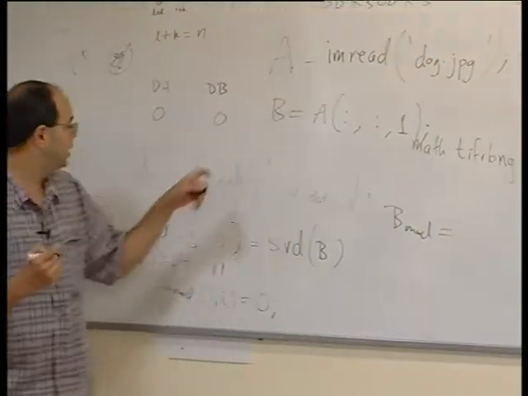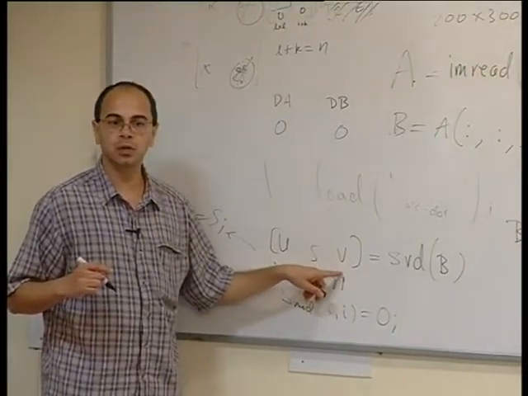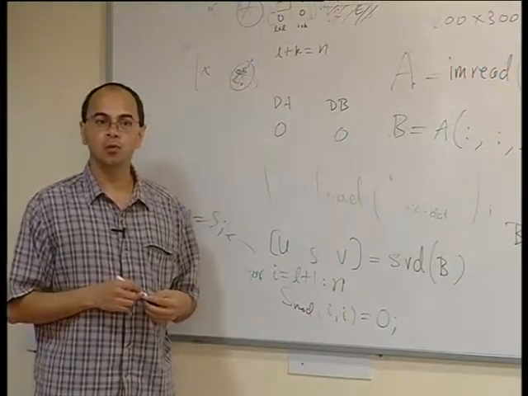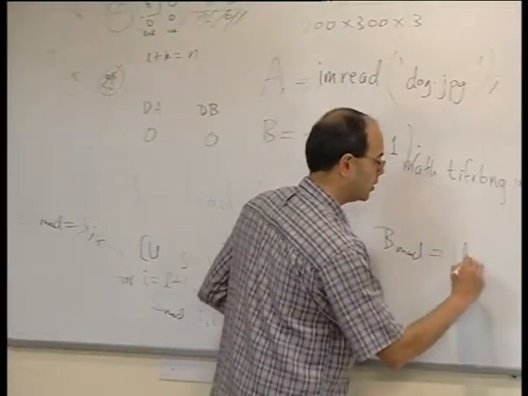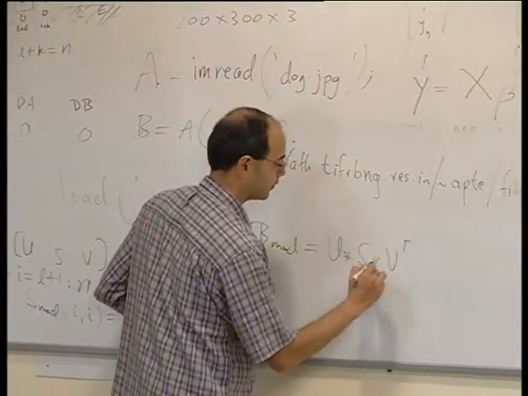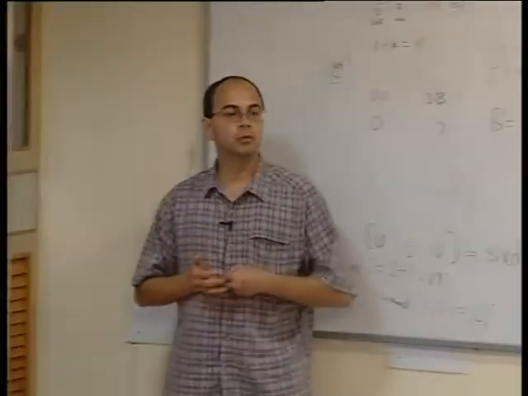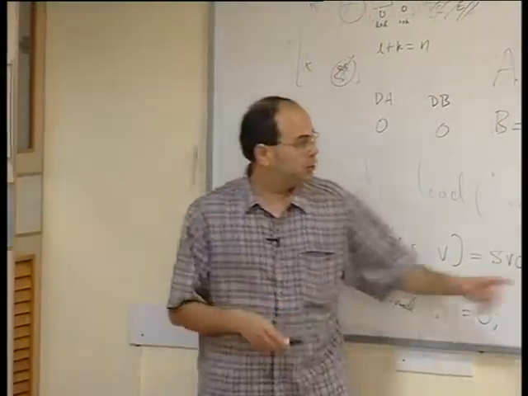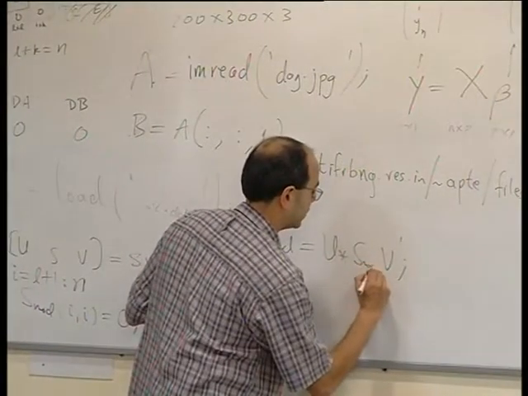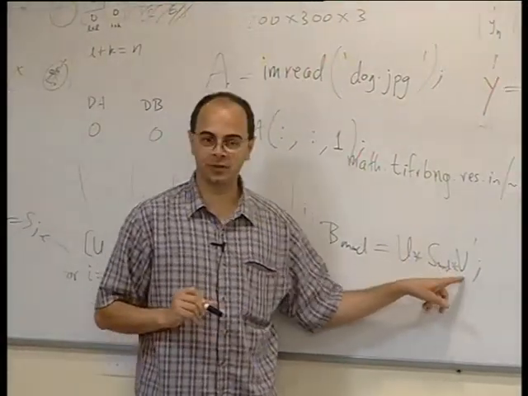Then you can get, for example, a B mod by doing the following. B should be equal to U times S times V transpose. So B mod, the low rank approximation of B, will be U times S mod times V transpose.